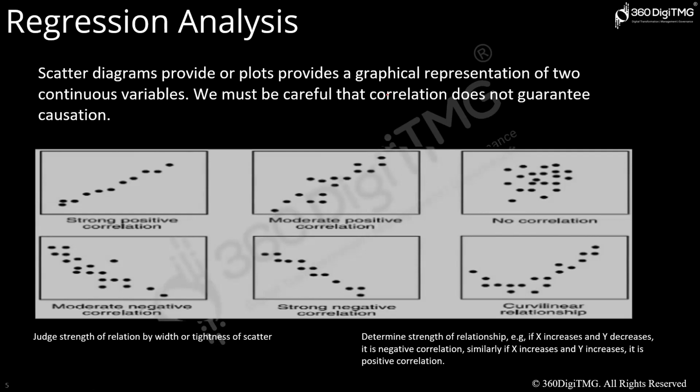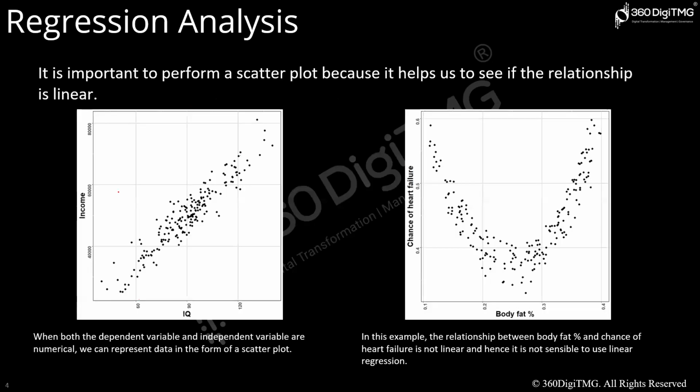So we have strong positive correlation, which is in a straight line and moving upwards. And you can tell this is a strong positive correlation.